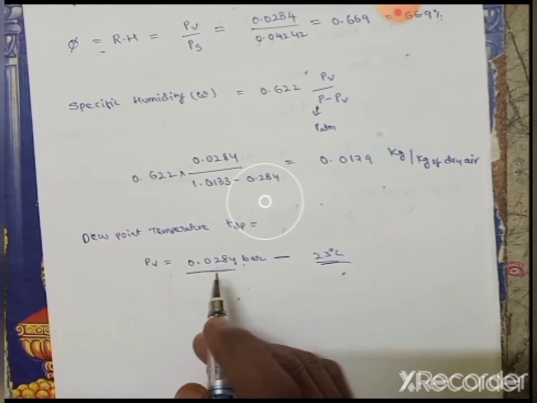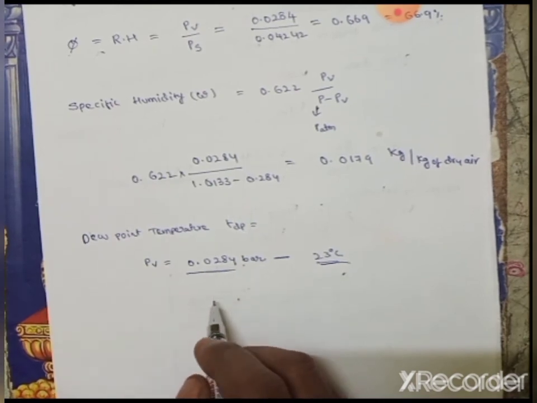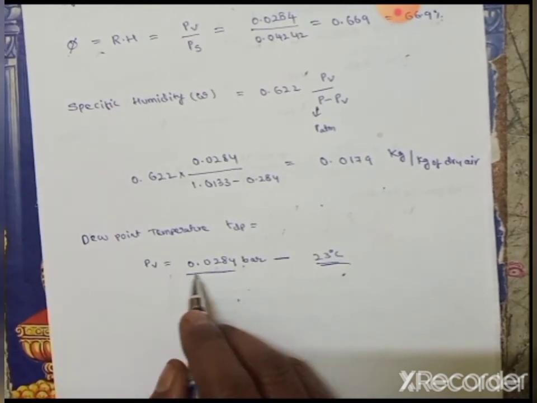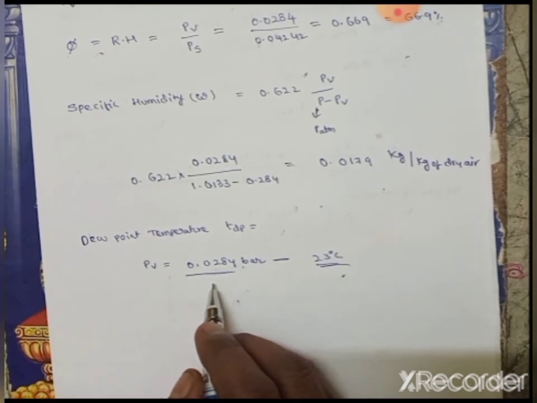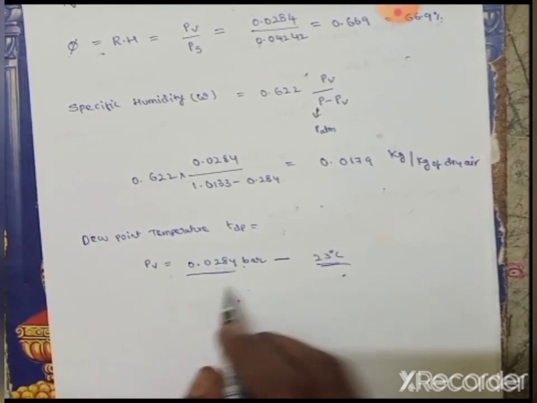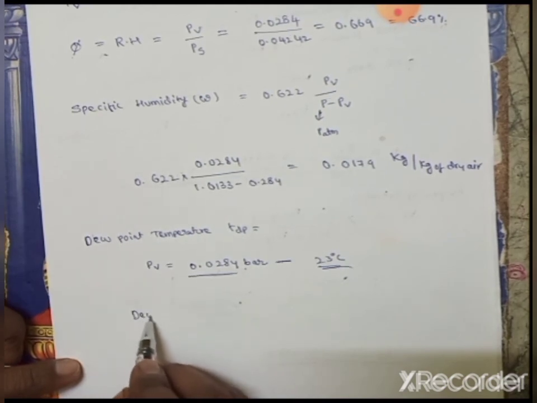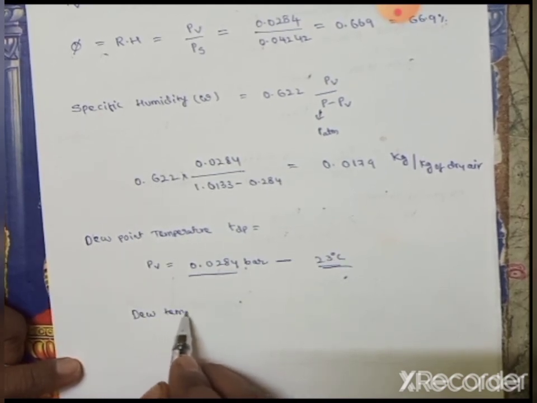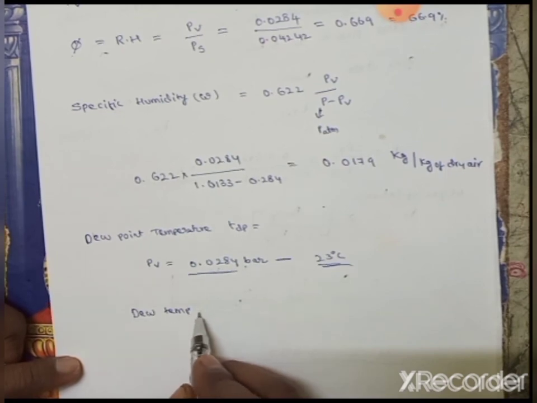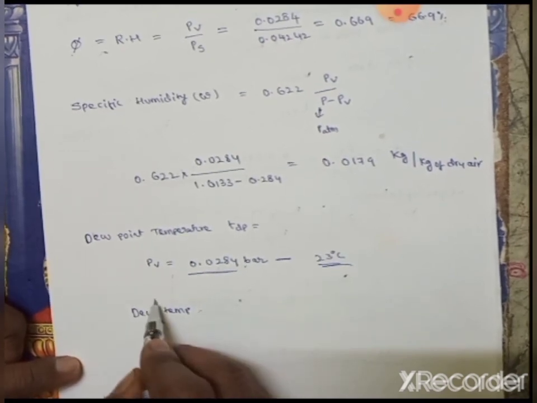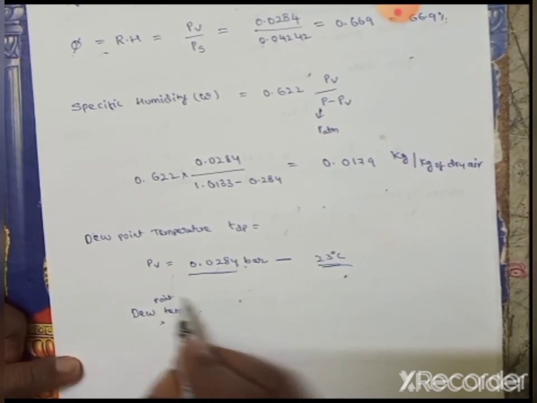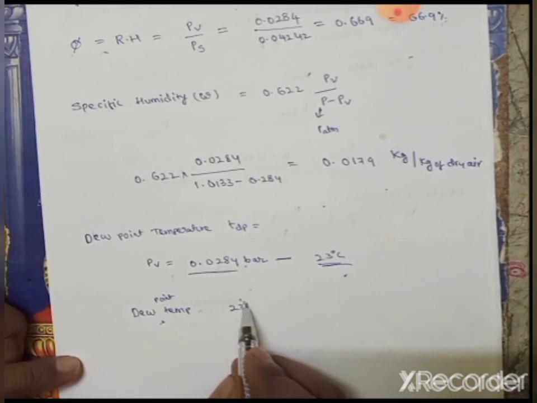So the dew point temperature is 23 degrees centigrade.